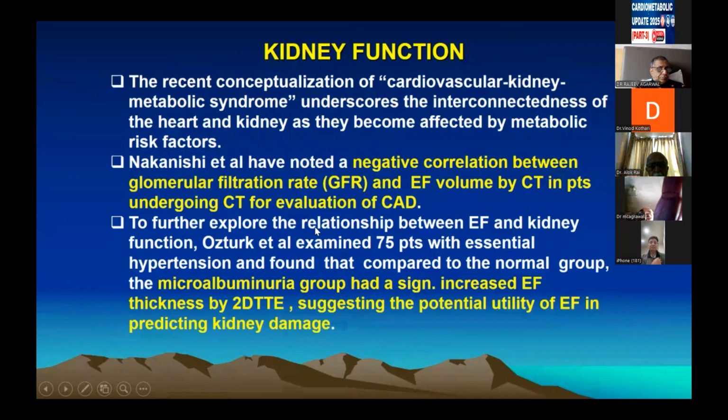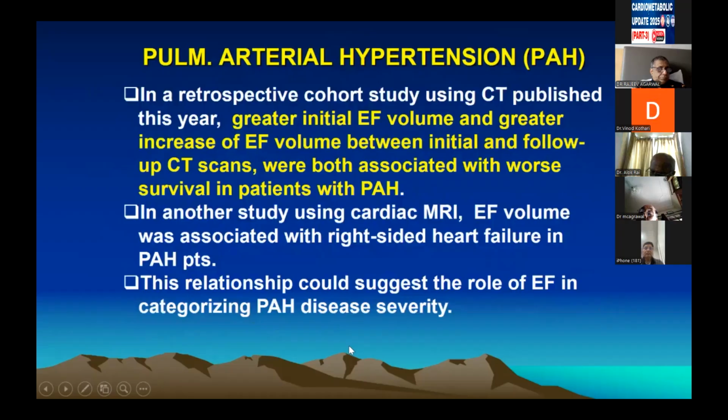There is also increased epicardial fat thickness in patients with microalbuminuria as compared to those with no albuminuria, suggesting the potential utility of epicardial fat in predicting kidney damage also.